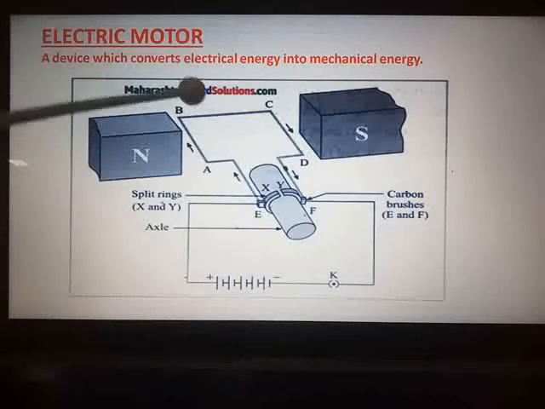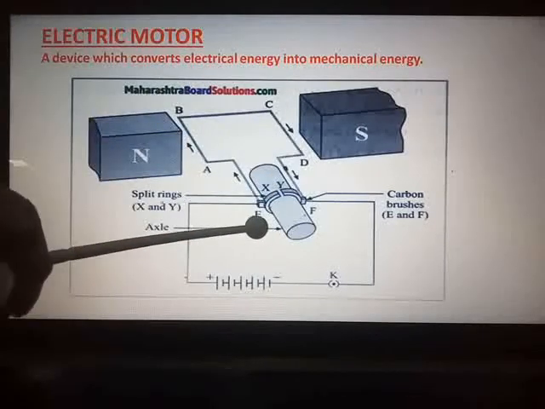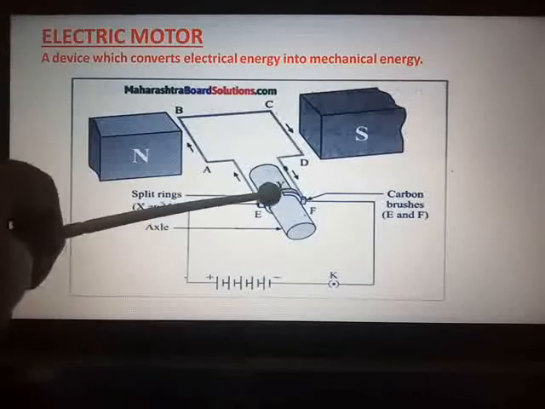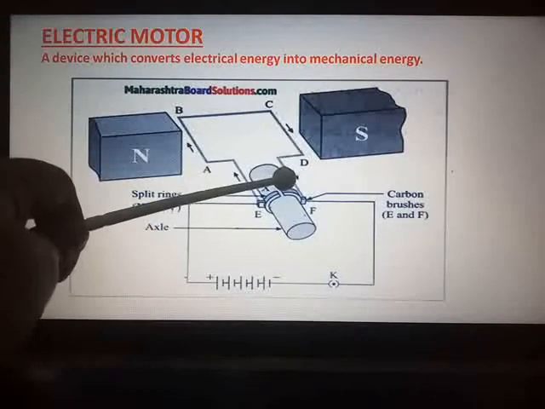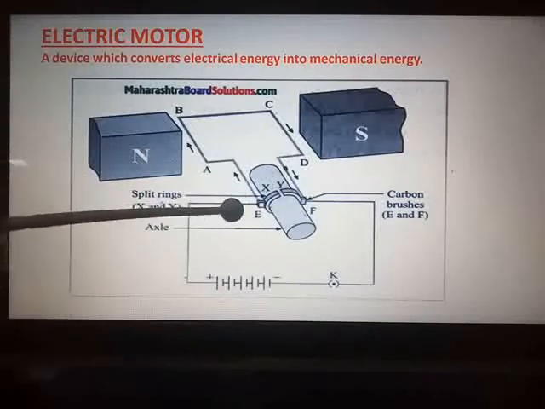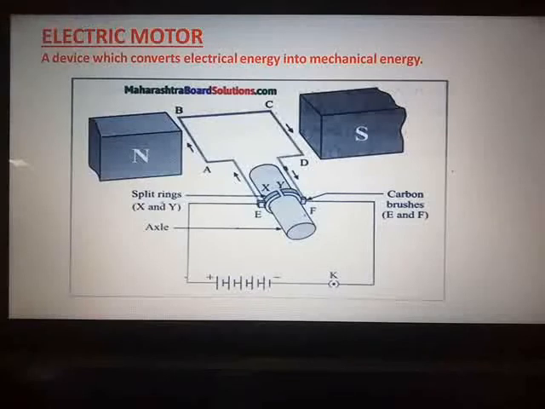Now here the loop, that is the armature coil, and the axle, this is the axle, start rotating in an anti-clockwise direction, and after half rotation, the two halves of the split ring, that is X and Y, come in contact with the carbon brushes F and E, and the current in the loop starts flowing in the direction DCBA, anti-clockwise direction.